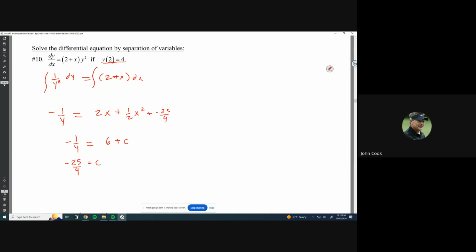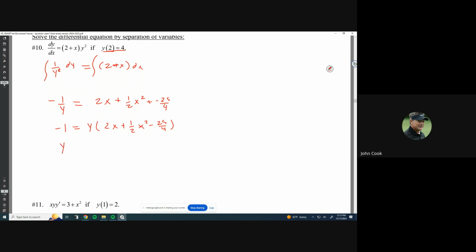And then you can solve for y again. So multiply both sides by y, and then divide out all that stuff to get y by itself. Here's our particular solution.